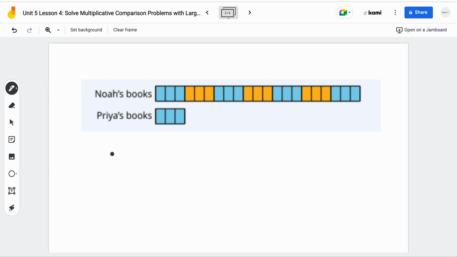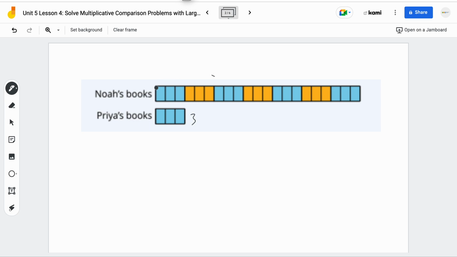So, we were used to seeing a diagram like this, and this diagram, as you can see, represents, for example, that Priya has 3 books. You can see her 3 books right here, 1, 2, 3. And you can see that Noah has a certain amount of times as many.